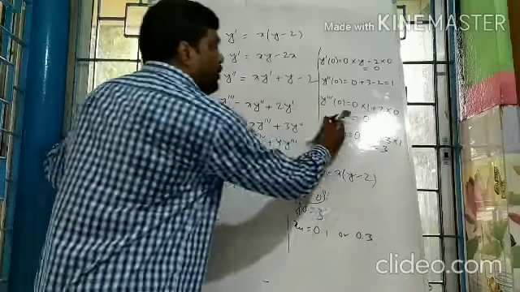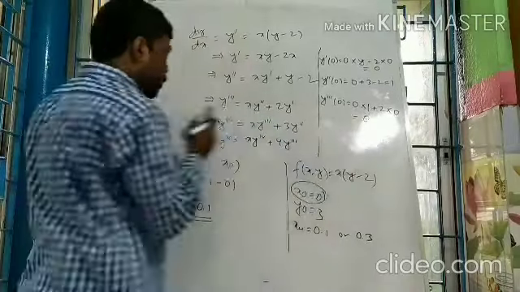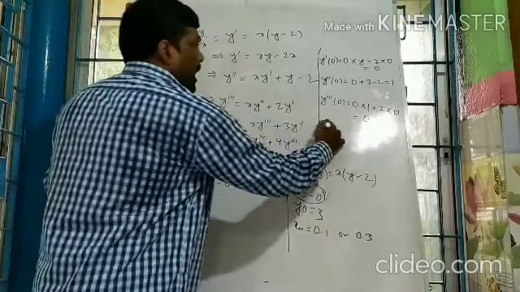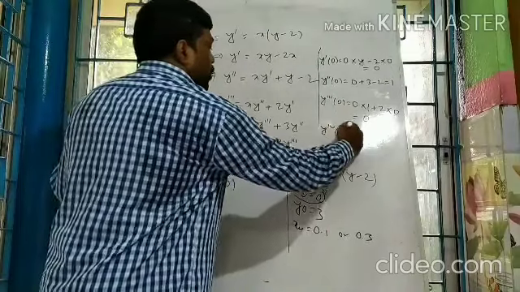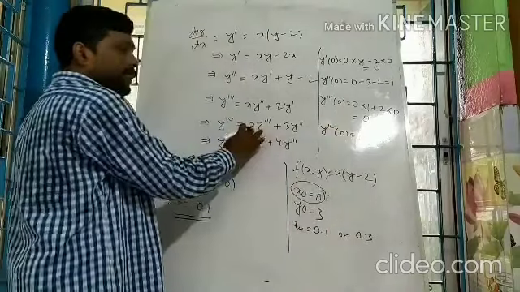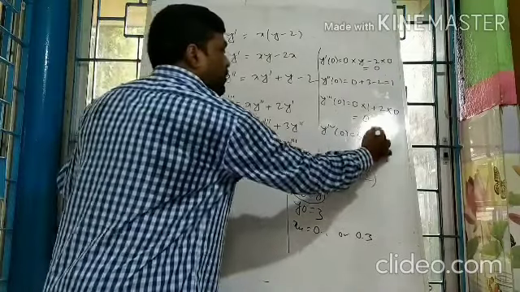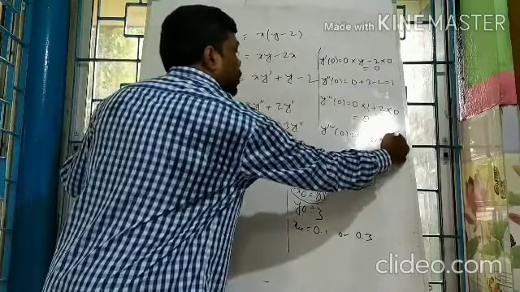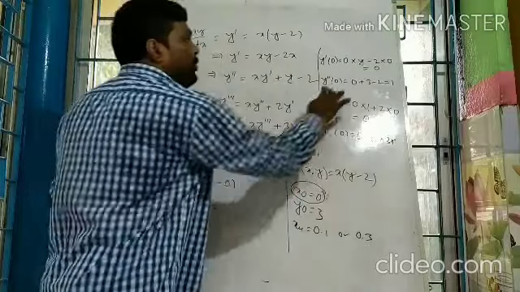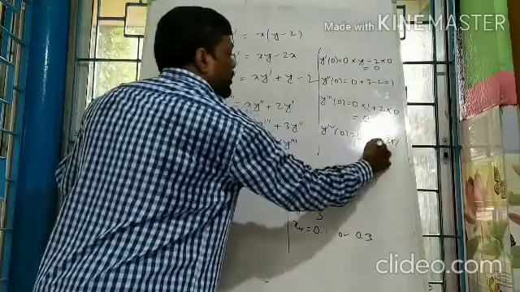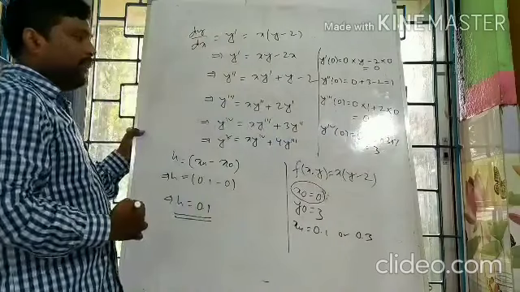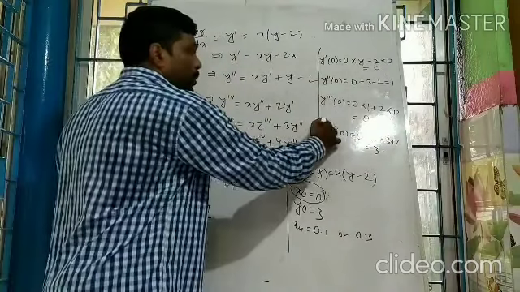So y⁗(0) equals x, where x is 0, into y'''(0), which is 0, plus 3 into y''(0), where y''(0) is 1. So it is 3. So y⁗(0) is 3.